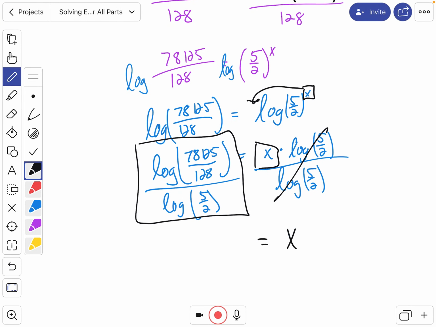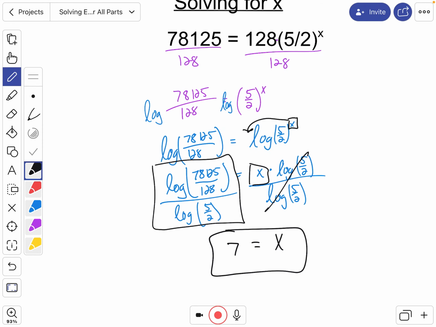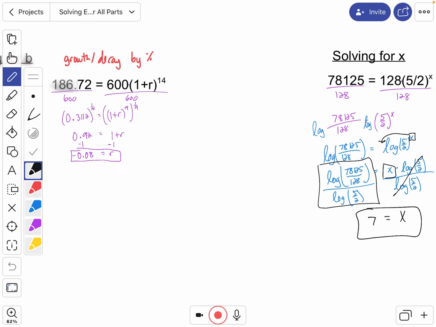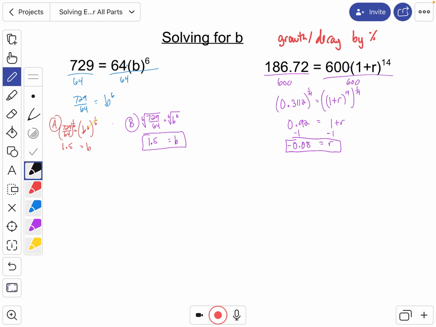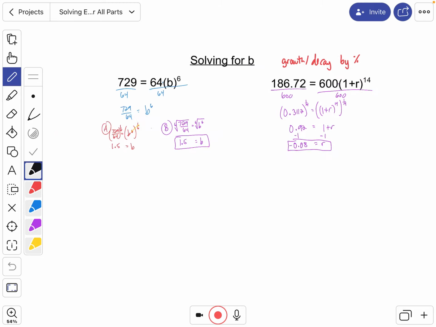Okay, so let's recap here. If x is in the exponent like it was in this one, you have to get the exponent part isolated. So we had 5 over 2 to the x isolated by dividing by 128. And then we did the log of both sides, did some algebra, solved for x, and we got 7. If we're solving for b, we're going to do the 6th root or 14th root or whatever we have after we get that isolated.